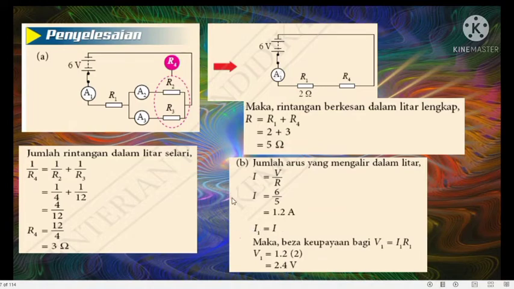We want to find the voltage across R1. Thus we use the formula V equals IR. Across R1 is V1 equals I1 R1. R1 is 2 ohm. Thus V1 equals 1.2 ampere multiplied by 2 ohm. Thus we get 2.4 volt. So the voltage across R1 is 2.4 volt.